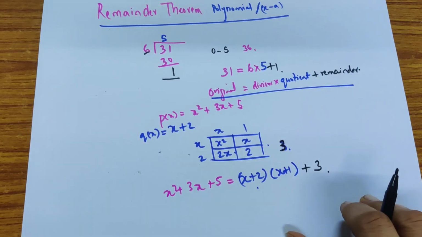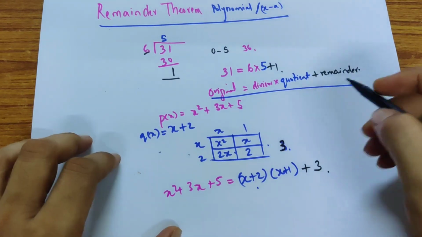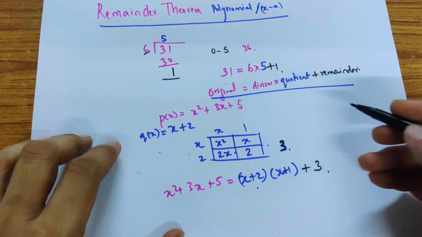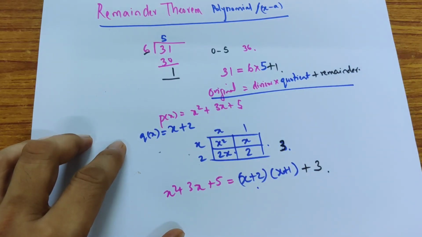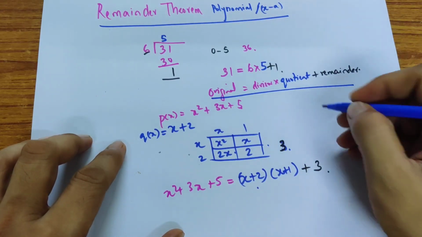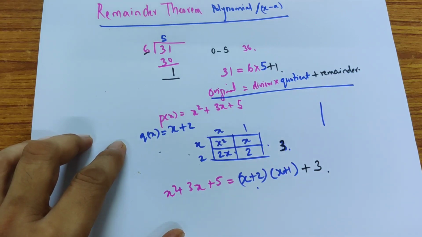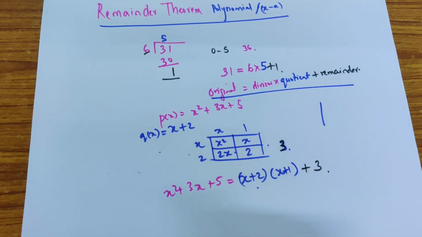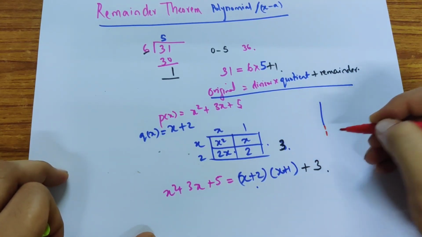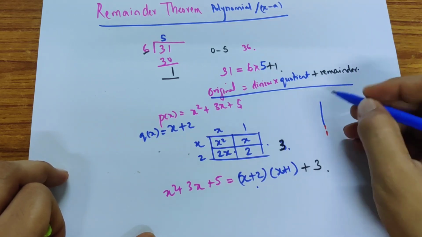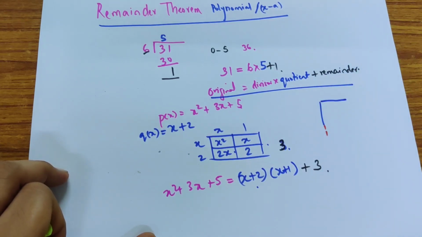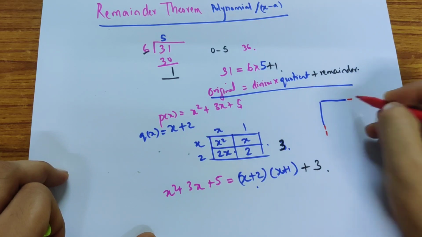Pictorially, I've already drawn it as a table, but what this means is if I had x and 2 on one side, and x and 1 on the other, I would get x plus 1.